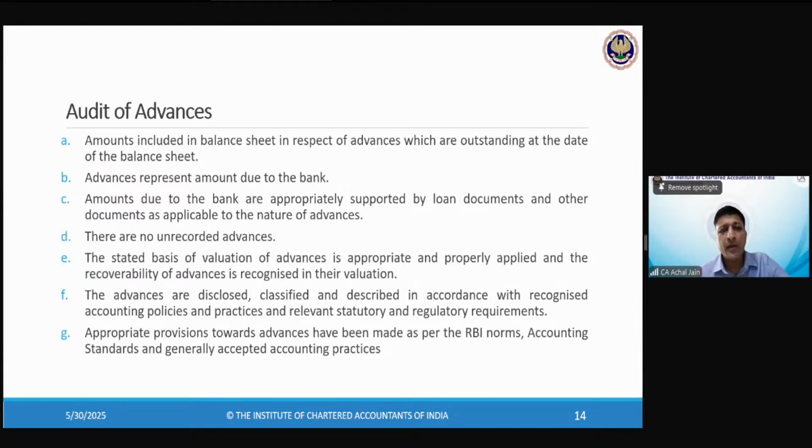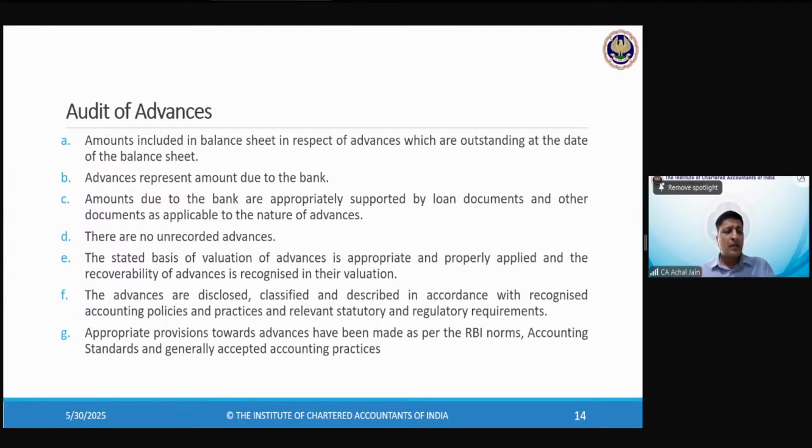As an auditor, it becomes important for us to understand all of those classifications and disclosure requirements. Why? Because on the basis of such understanding of the spread of the advances for that particular bank, the auditor will be able to design his audit procedures.